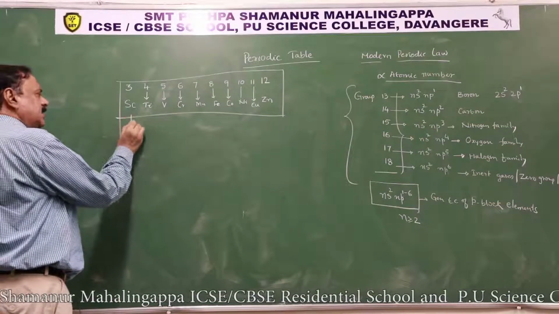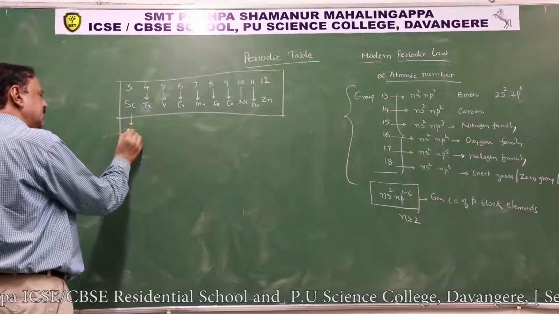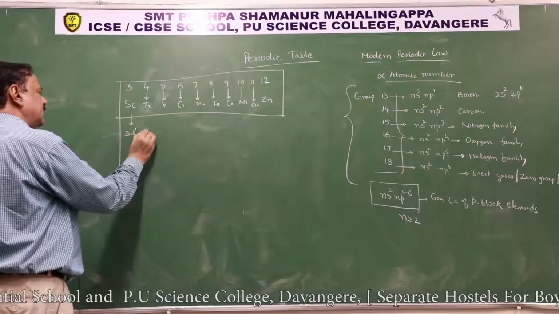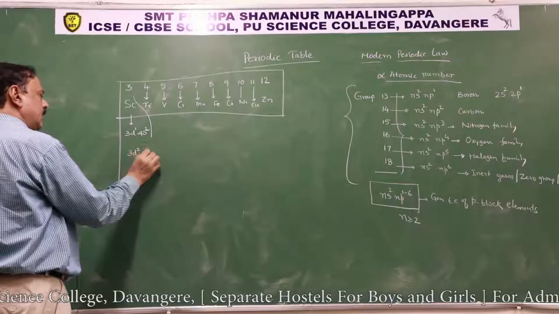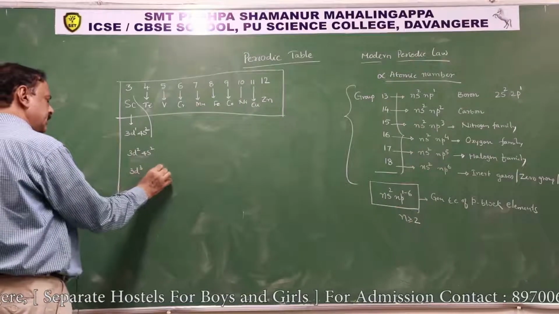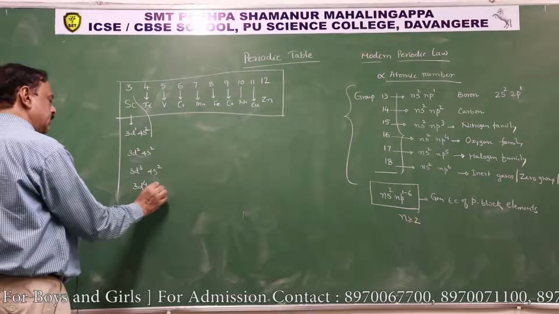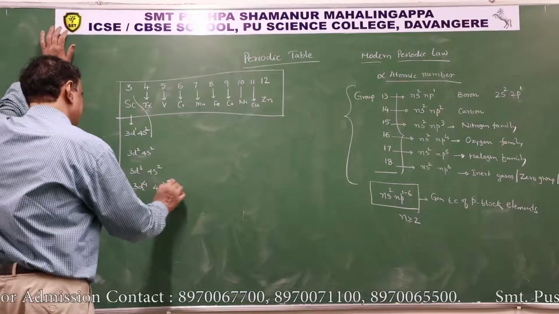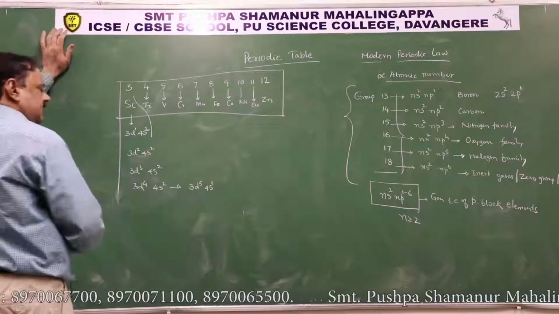When you write the outer electronic configuration of these elements, it is given by 3d1 4s2 configuration for scandium, 3d2 4s2 configuration, 3d3 4s2 configuration, 3d4 4s2 configuration, but finally it is reorganized in the form of 3d5 4s1 configuration.